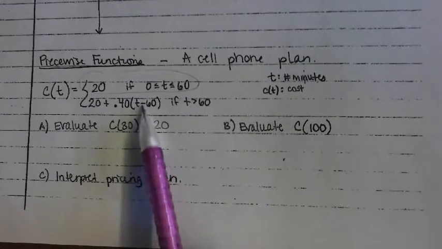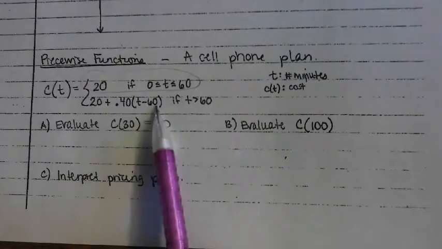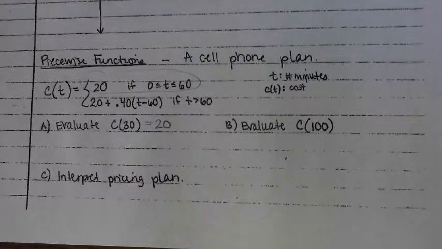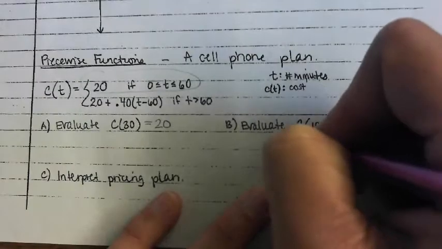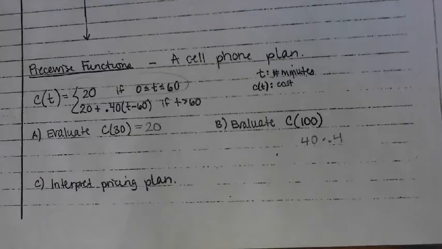Good. C of 100, obviously that falls into the second piece because that's over 60. So you're going to do 100 minus 60, which is 40 minutes. Again, we have no calculator. What's 40 minutes times 40 cents? Think logically about it as well as thinking about taking mathematical shortcuts, like 40 times 0.4. Think about your 4 times 4.